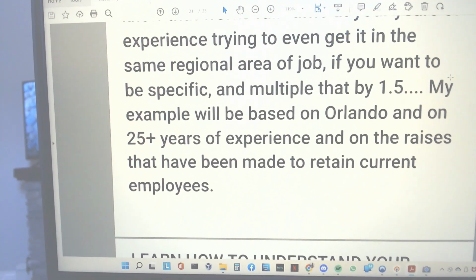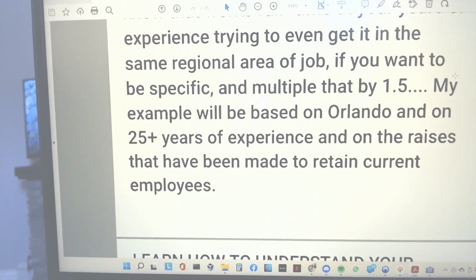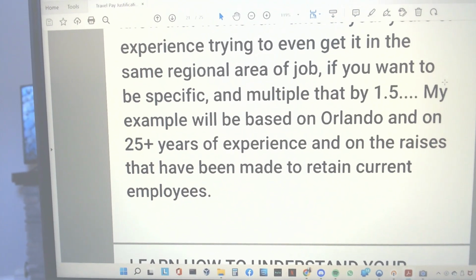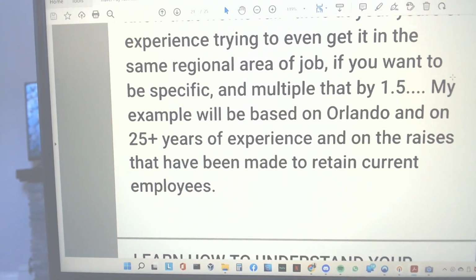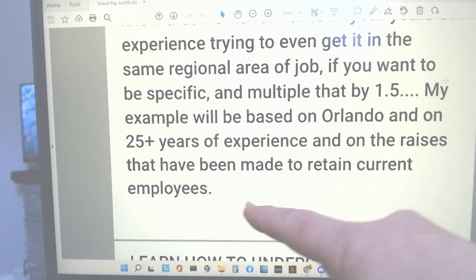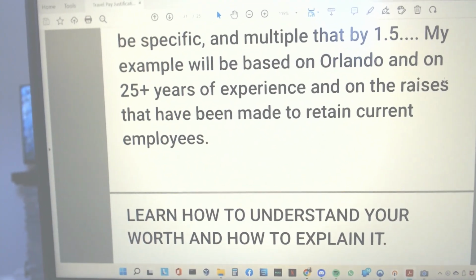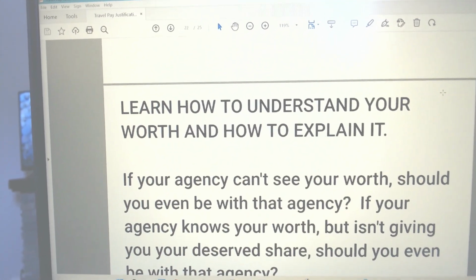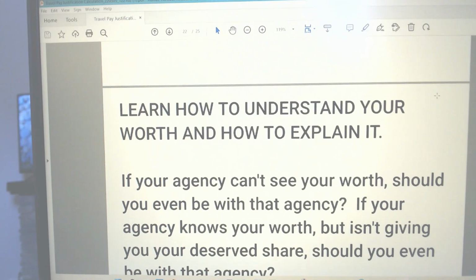Okay, so if I have 25 years, it's one of the reasons I did not travel before COVID, because when I did this math before COVID, no job made any sense to take. I made more as a full-time employee because I had so many years experience. True story. All right, so you need to understand your worth, and you need to understand how to explain it.